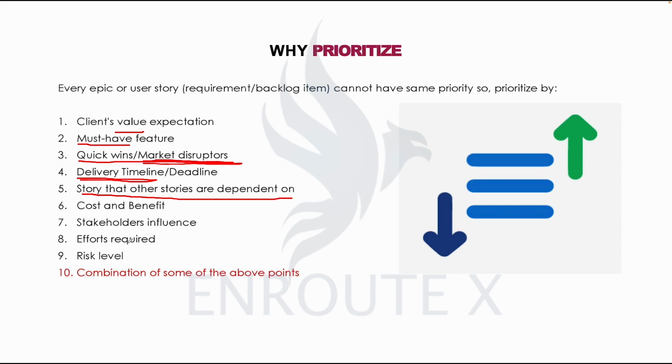In addition, you want to prioritize based on costs and benefits, or based on stakeholders' influence. There are times that the stakeholder clearly wants something, and the stakeholder has a major say in it.